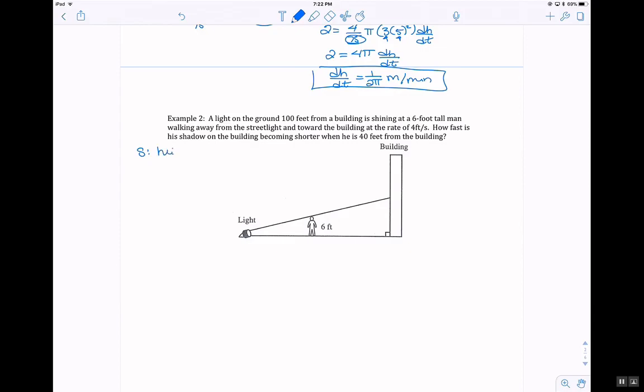So let's do some things with the variables. So let S be the height of the man's shadow. Let X be the distance between the man and the light.